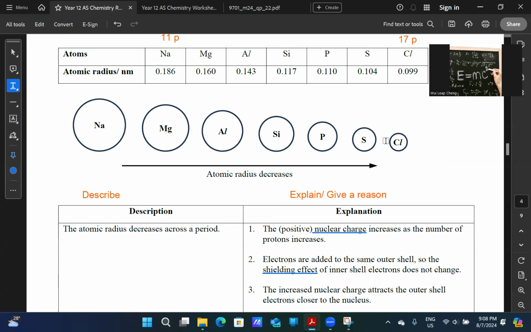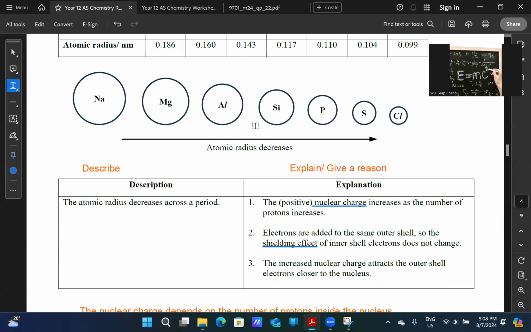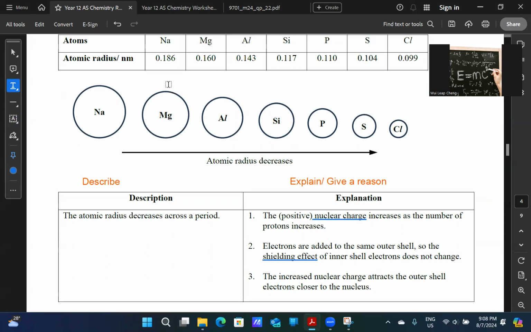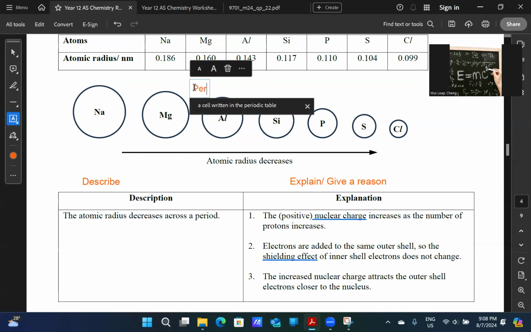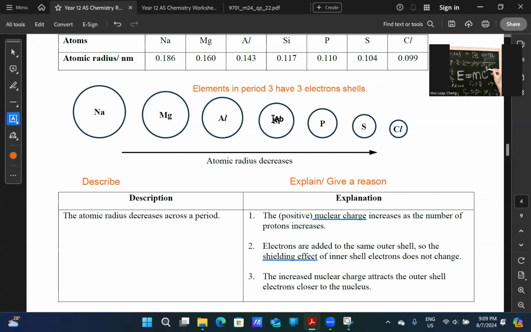So all the atoms from period 3 have 3 electron shells.